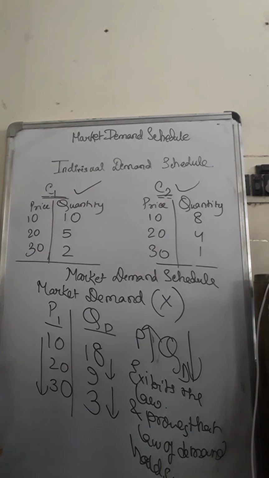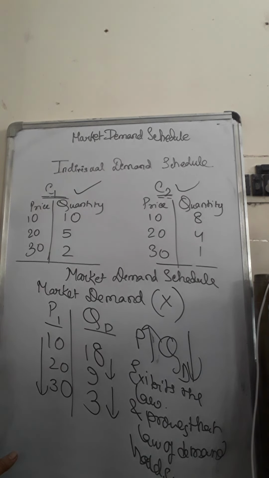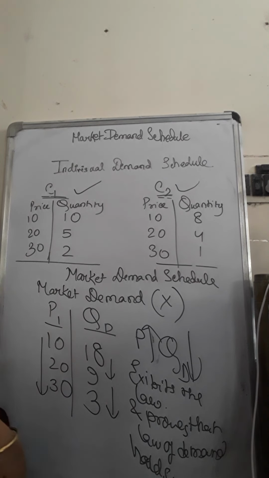So when you plot x and y like that, a diagram, and when you plot the points, you get a diagram that is known as graphical representation. Again I am telling you, till here we have done the individual and the market demand schedule. Schedule is a tabular representation. You have to have full information in the tables, then only you can construct a proper graph.